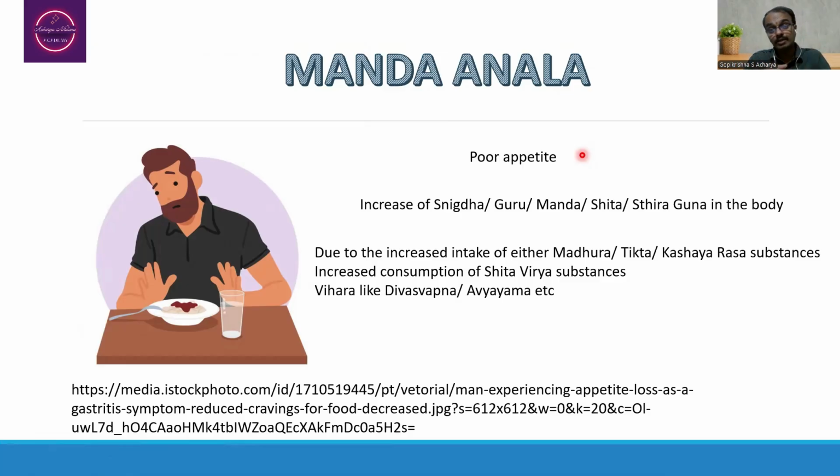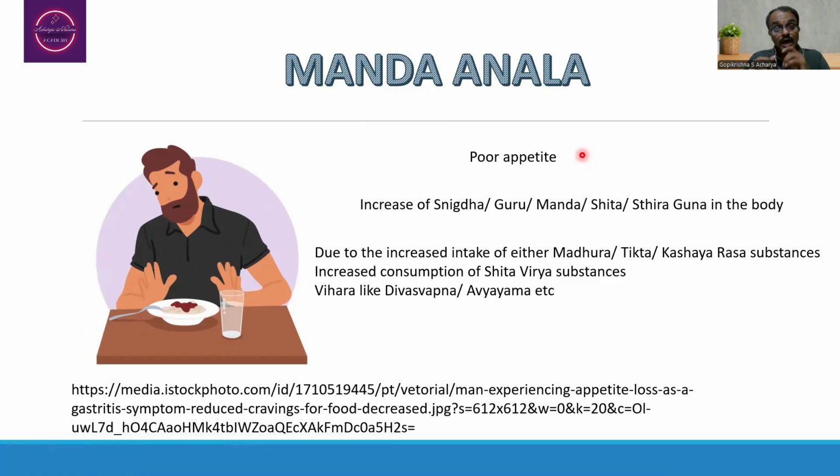So this may happen mainly because of the intake of, in terms of the rasa is concerned, Madhura, sometimes the Tikta or Kashaya rasa as such, which is considered to be in terms of the Shita Viryata, we may suspect there.